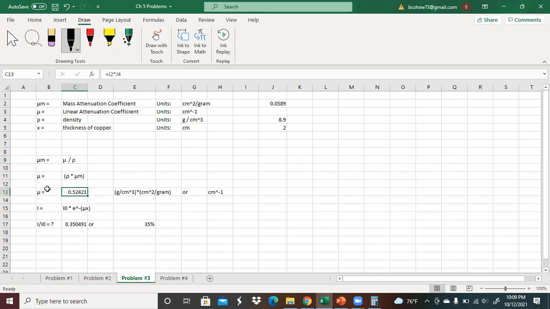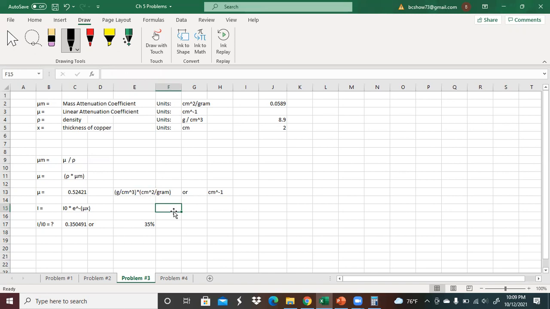So the linear attenuation coefficient is going to end up being the product, basically rho times that. When you multiply that together, you can put it in the calculator and you come up with this particular value. Now, what are the units for that value? Well, we're taking rho, which is grams per centimeter cubed, and multiplying it by centimeters squared per gram.